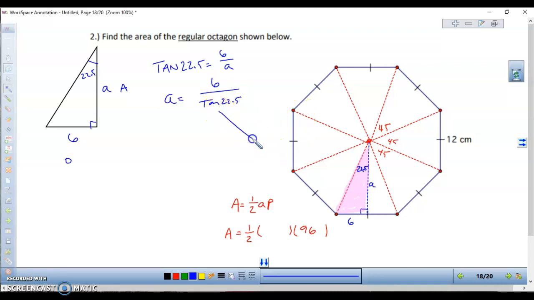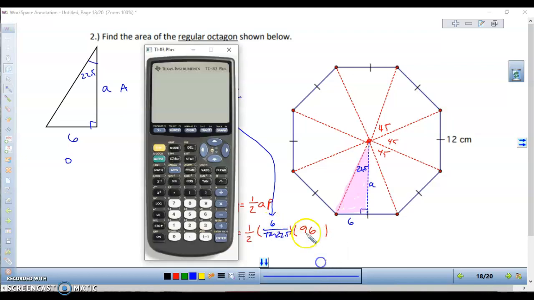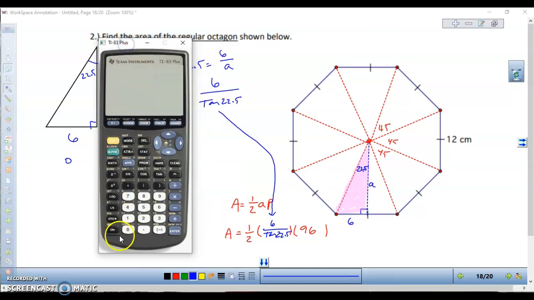So I'm just going to take this, and I'm going to substitute it in right here. 6 divided by the tangent of 22.5. And again, sorry for my terrible handwriting. And now all I've got to do is go to my calculator, and it's 1/2 times the apothem times the perimeter. So I'm going to do 0.5 times the apothem, which is 6 divided by the tangent of 22.5.